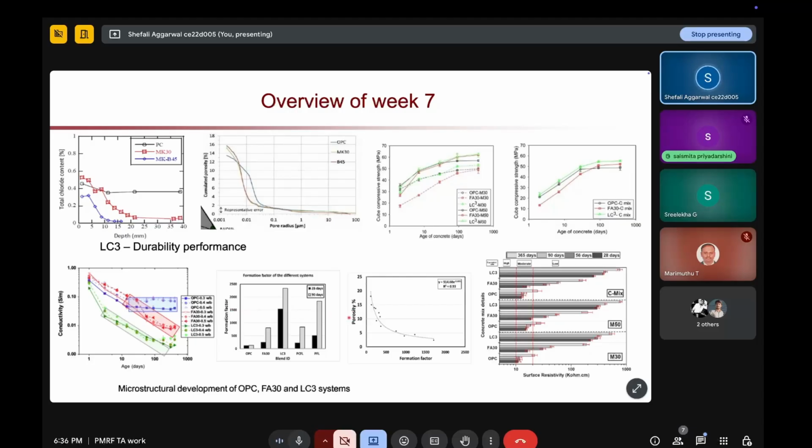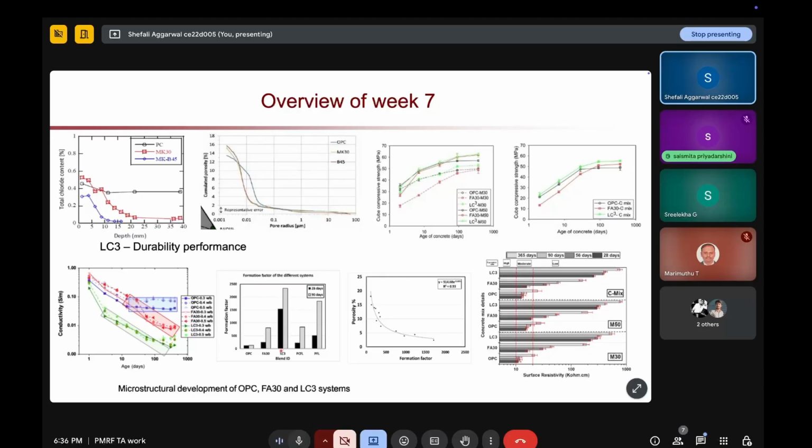Another thing is calculating the formation factor. This is a simple way. Instead of calculating all the durability factors, we can calculate the formation factor, which will be an easier way to characterize our blended system.